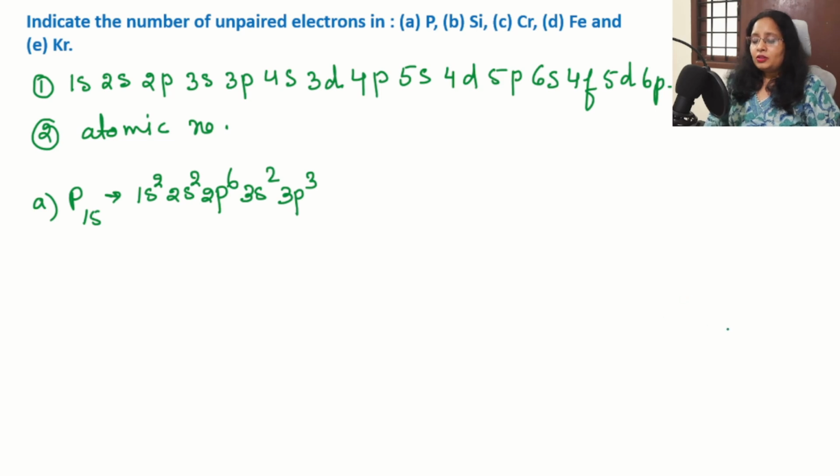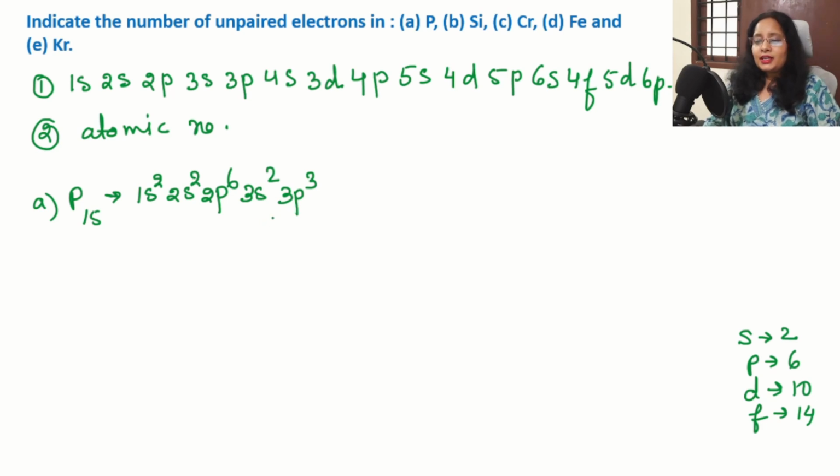Now one more thing, you have to memorize it: s orbital maximum contains 2 electrons, p orbital maximum contains 6 electrons, d will contain maximum of 10 and f will contain maximum of 14 electrons. Not more than this number we will put in that orbital.